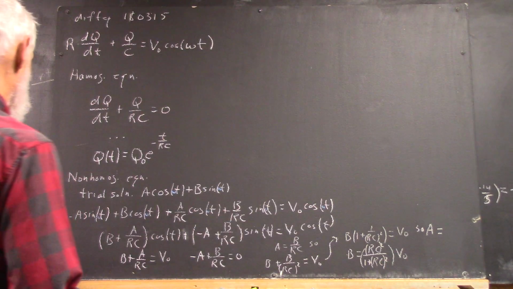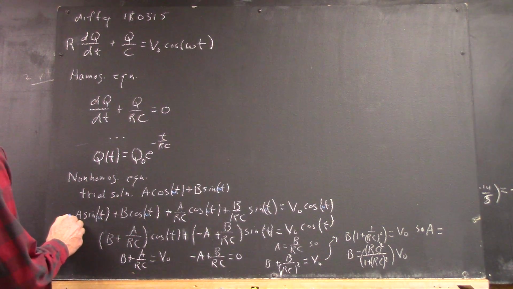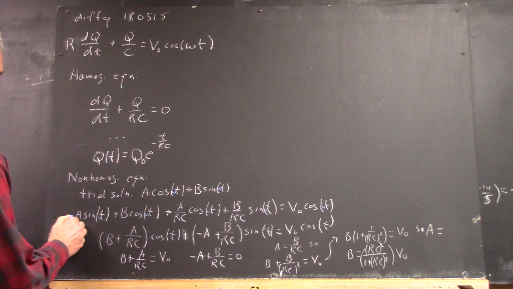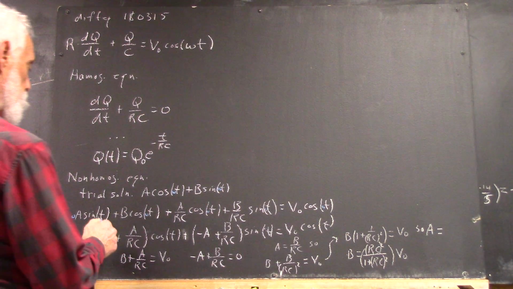Now, when I take the derivative, I'm going to have not a negative A sine of omega t, but a negative omega A. And I can write that omega big enough that you can almost read it.